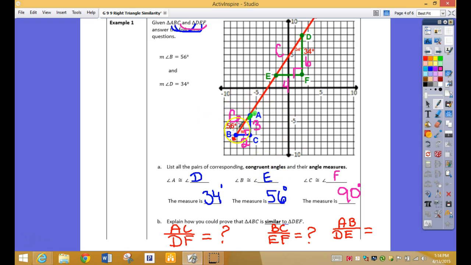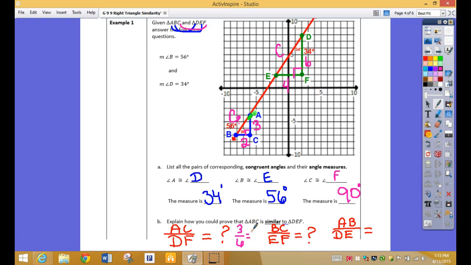And we need to find, well, first let's do the easy ones. Let's do our legs. Find the ratios of our legs. What's AC to DF? AC is what? 3. So we have 3 over, what's DF? 3 over 6. And what does that simplify to, Alex?